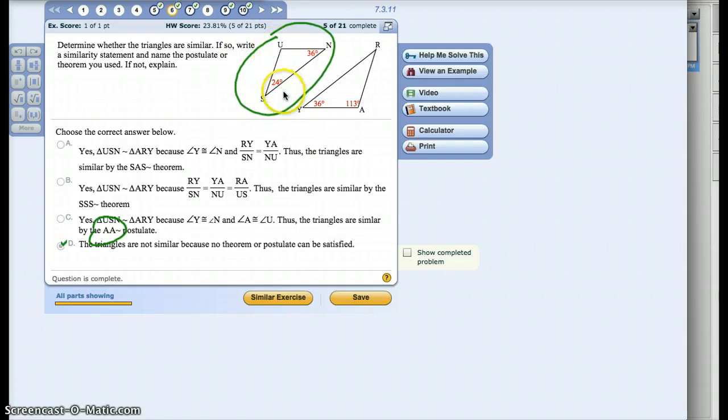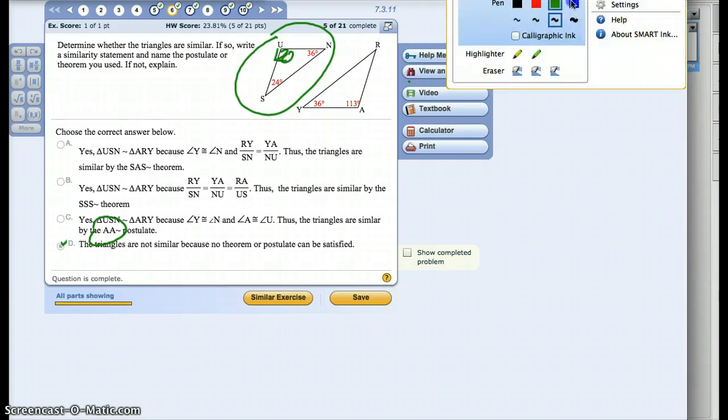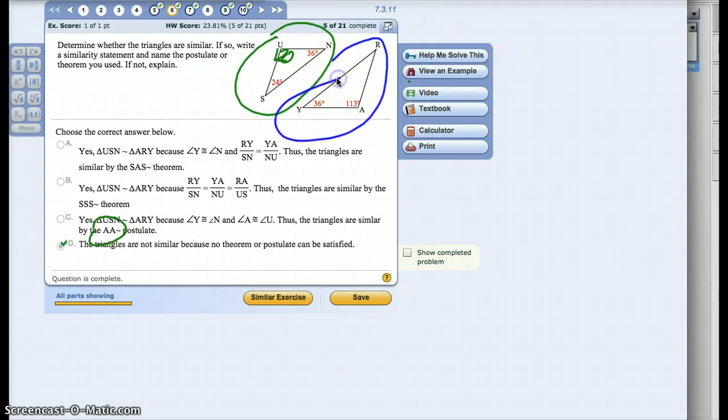So if I take those two given angles and the one I have circled in green and subtract the 36 and the 24 from 180, I end up with 120. Now I'm going to do it for the big one here in blue. If I do 180 minus 36 minus 113, I end up that this angle is 31.